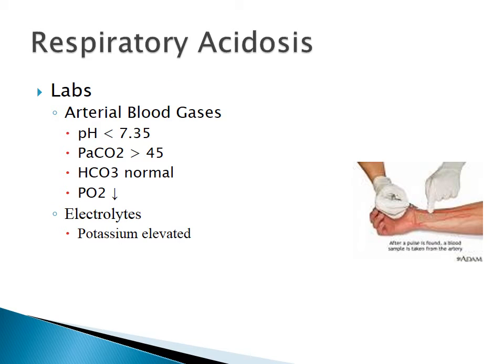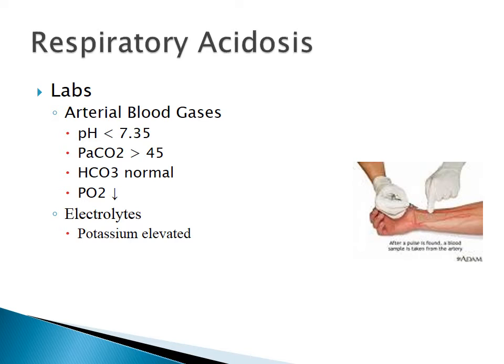Some of the labs that we're going to look at with respiratory acidosis: we will see that the pH is going to be down, below 7.35, showing acidosis. Our PCO2 is going to be elevated. We're going to have a lot of acid there. Normal is 35 to 45, and we're going to be above 45.